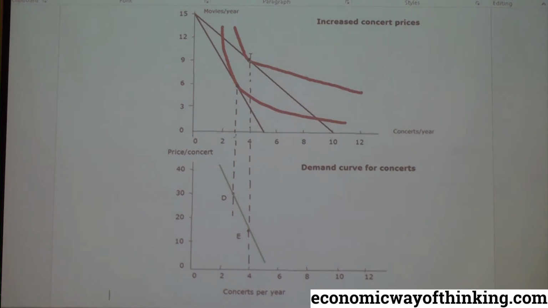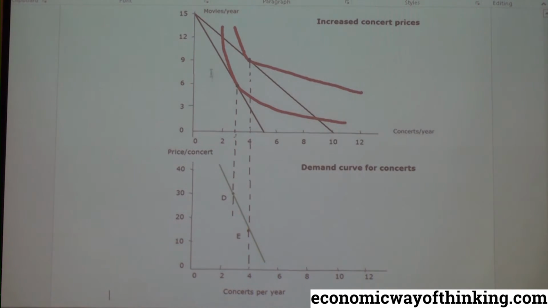So now, let's assume that the price of concerts increases twice, from $15 to $30. If the price of a concert changes, then your budget line will be rotating. Say for your $150, when the price of a concert is $30, you can afford only 5 concerts.